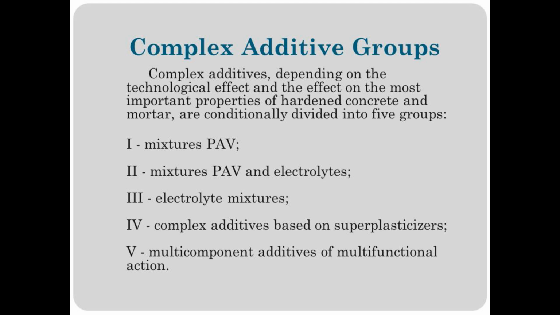Complex additive groups. Complex additives, depending on the technological effect and the effect on the most important properties of hardened concrete and mortar, are conditionally divided into 5 groups. 1.